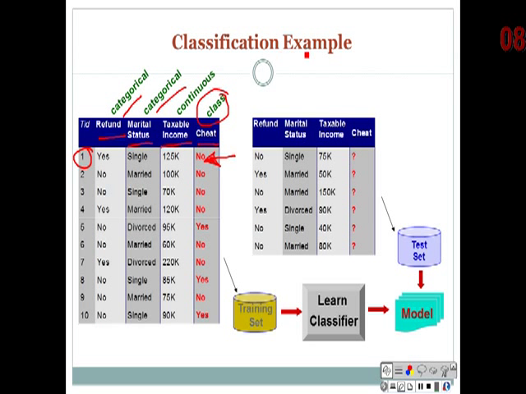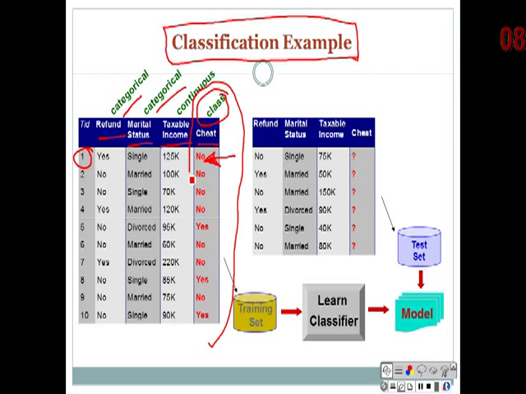So when we are talking about classification, we always have just one column that we are interested in, and we create our model for it based on all the other attributes. We may have hundreds of attributes, and we may have thousands of rows or records that we collected our data with. However, in classification you have one class.